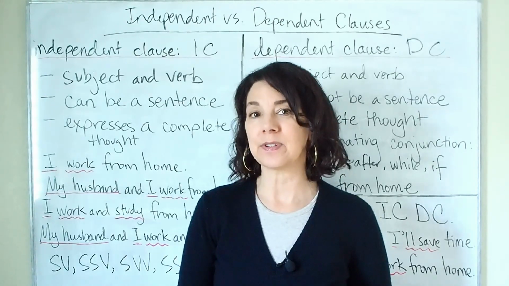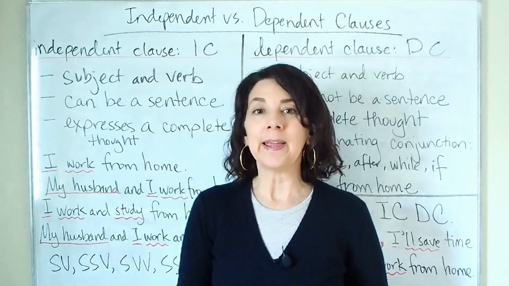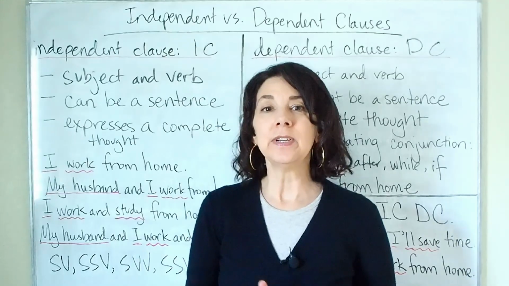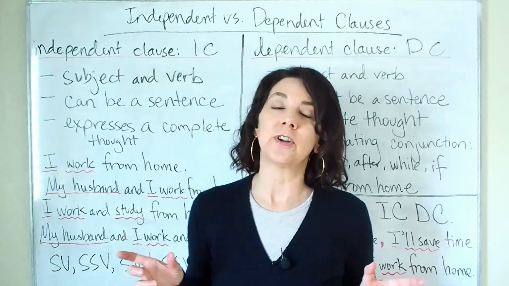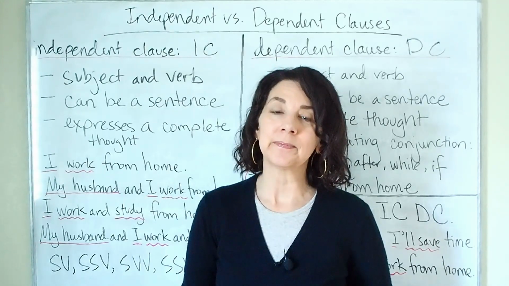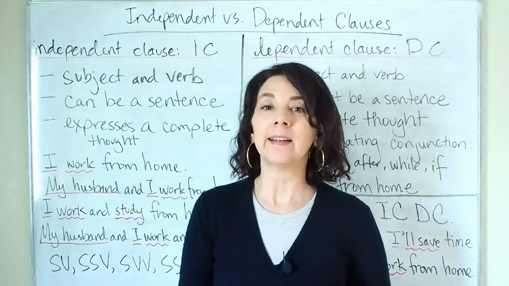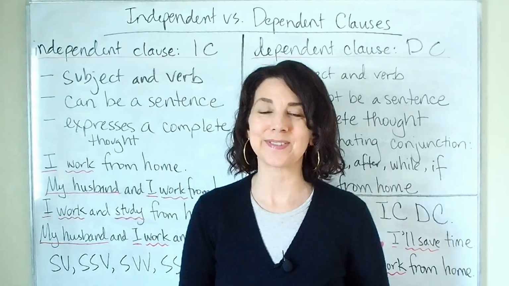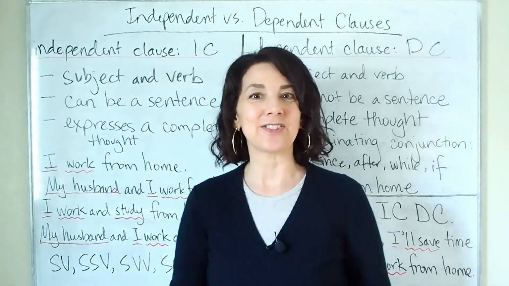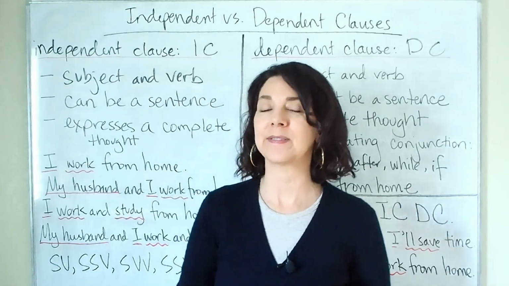And this is an important topic because this is the foundation for making clear sentences. You need to know about independent and dependent clauses in order to know how to connect them correctly, how to use commas and semicolons correctly, and how to use all kinds of conjunctions and transition words. So let's get started with this short lesson about the difference between independent and dependent clauses.